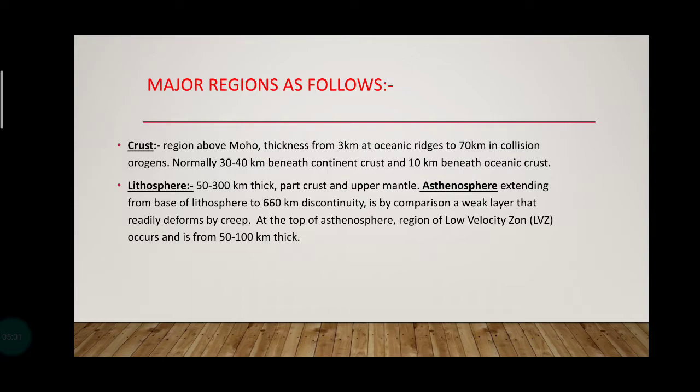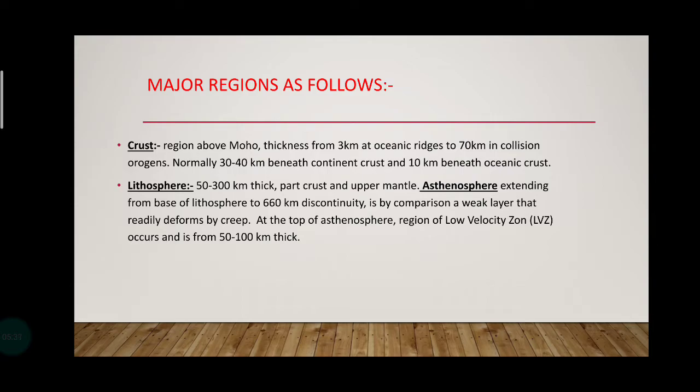Below the lithosphere there is the asthenosphere, extending from the base of the lithosphere to the 660 km discontinuity, and it is by comparison a weak layer that readily deforms by creep. The asthenosphere is a partially melted portion, and plates travel on the asthenosphere.